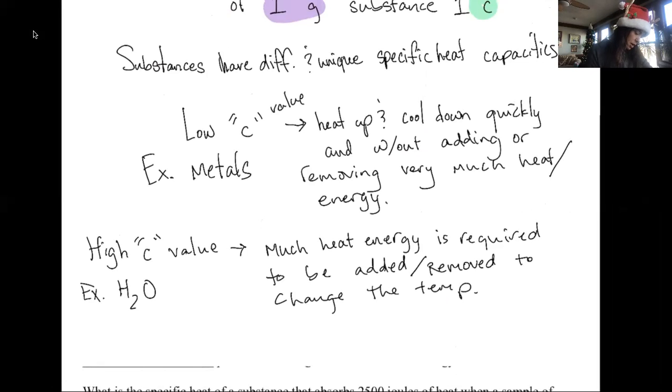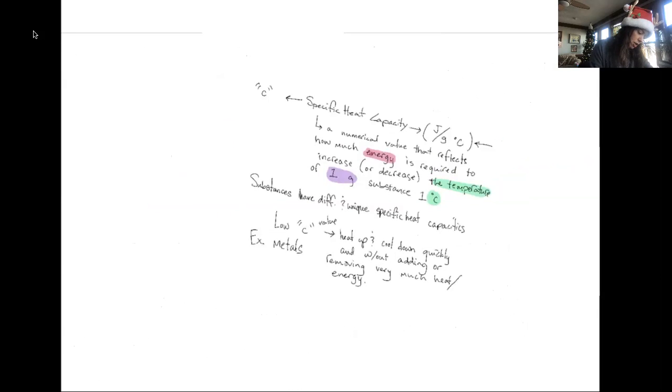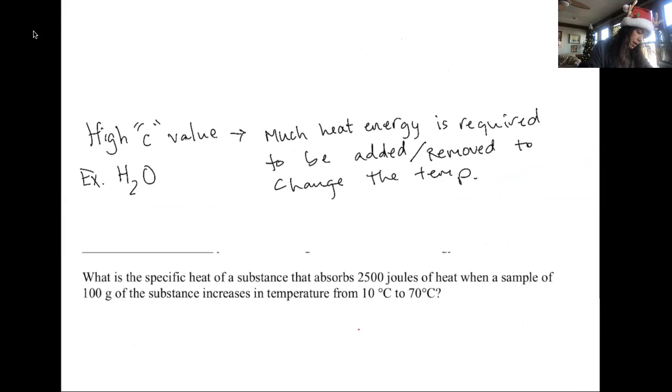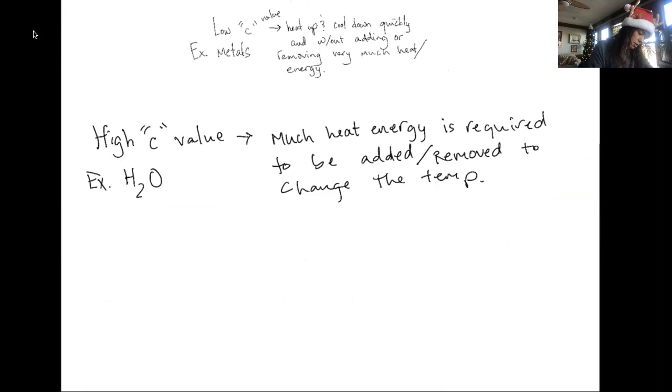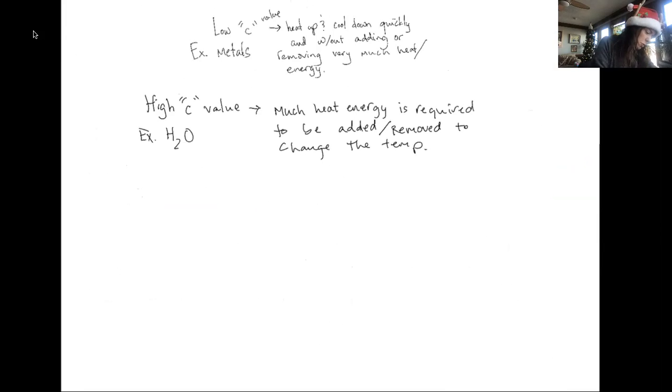Okay. There is an equation that you use that can incorporate the specific heat value, the amount of substance, and the change in temperature that we are looking at, okay? I will write it right here. And this is your specific heat equation, all right?